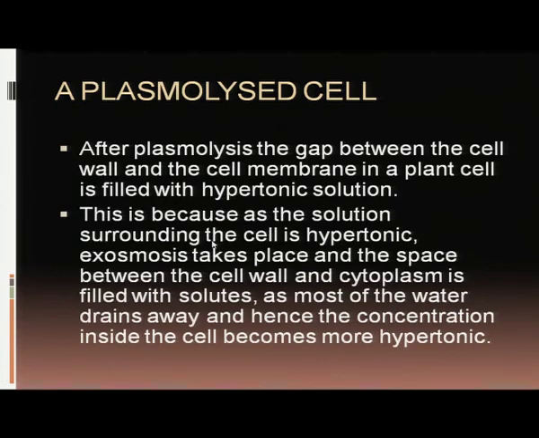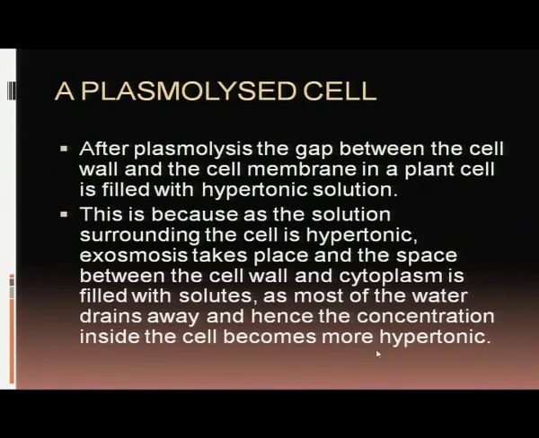From where has this hypertonic solution come? This is because as the solution surrounding the cells is hypertonic, exosmosis has taken place. Exosmosis means water has moved out and the space between the cell wall and cytoplasm is filled with solutes. So, a lot of solutes are present here, and as most of the water drains away, the concentration inside the cells becomes more hypertonic.